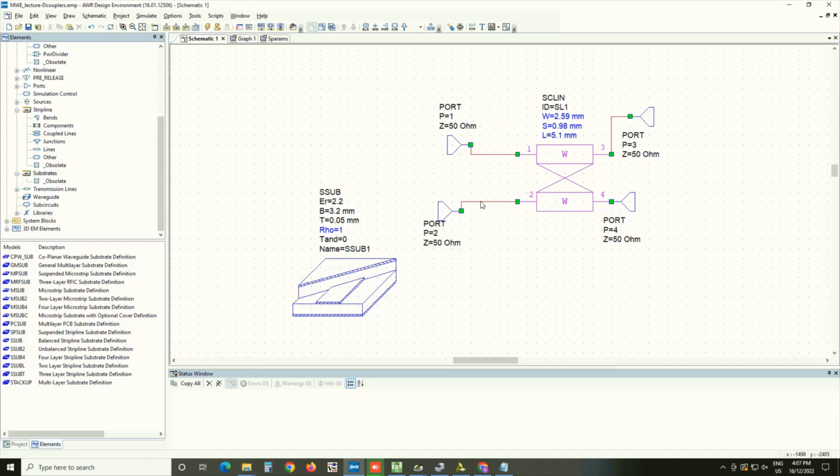Let me disconnect this and bring port 3 here. So that 3 becomes the coupled port and 2 becomes the through port. The port number 4 is the same. Okay.